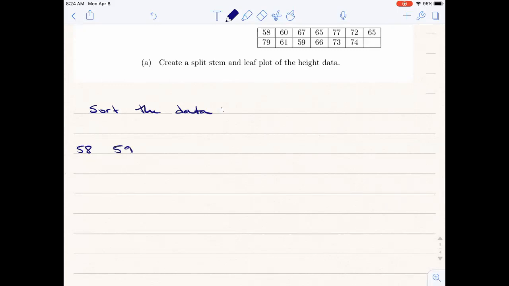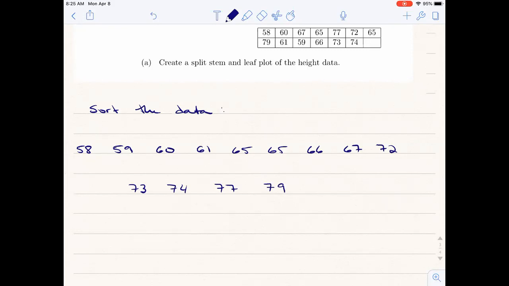So 58, 59, 60, 61, 65, 65, 66, 67, 72, oh, running out of room here, 73, 74, 77, and 79.